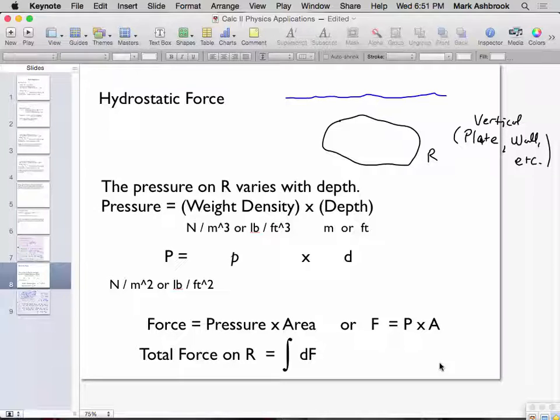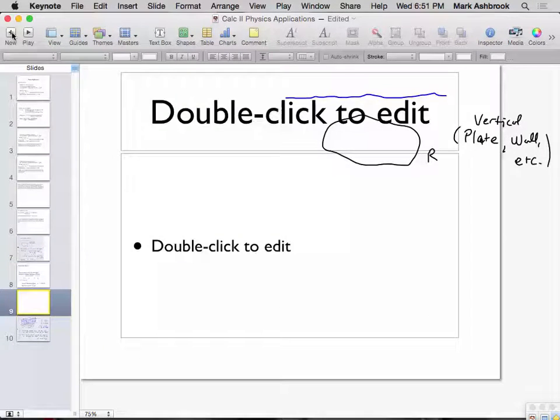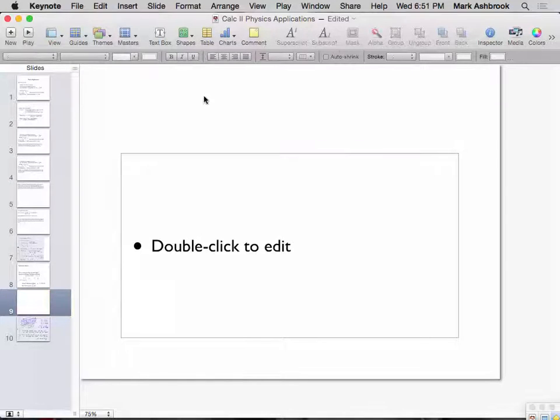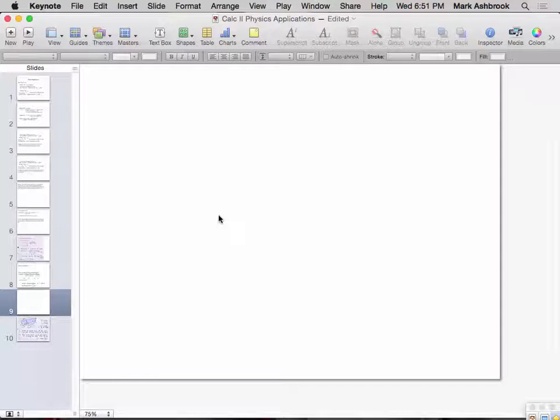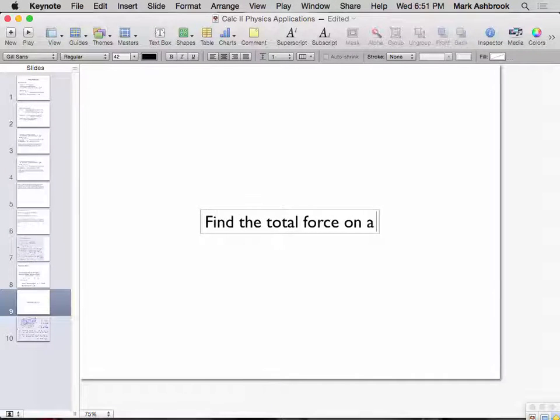Okay, example. This one will have slightly easier numbers. Any questions before we look at an example? So find the total force on a triangular plate shown.